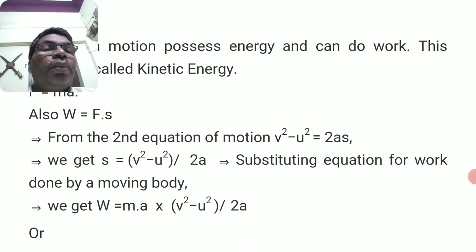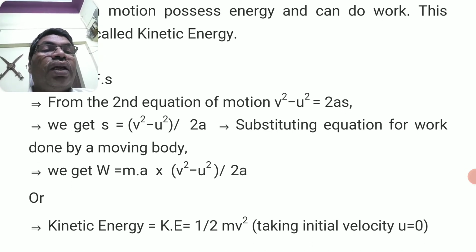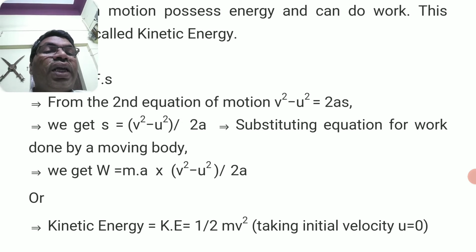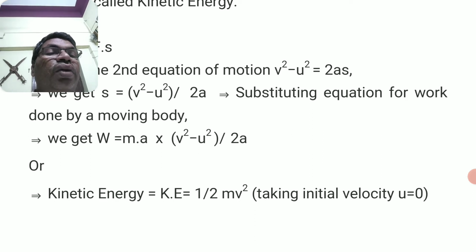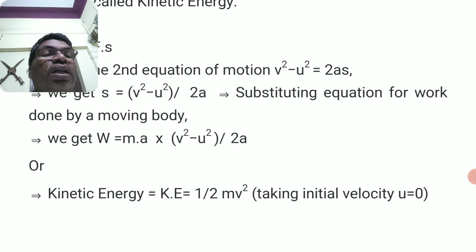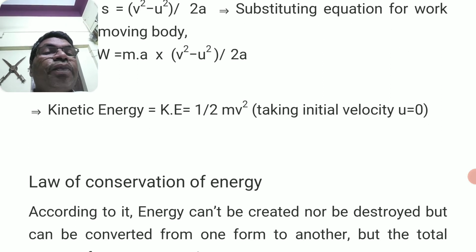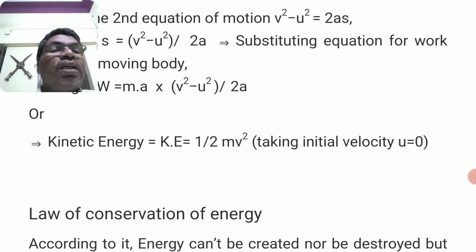Then if you remove a in the denominator and a beside m, you will get m into v square by 2. If the initial velocity u is 0, then u square becomes 0 and only v square remains in the bracket. So mv square by 2, which is nothing but half mv square. This is how we get kinetic energy. KE is equal to half mv square.